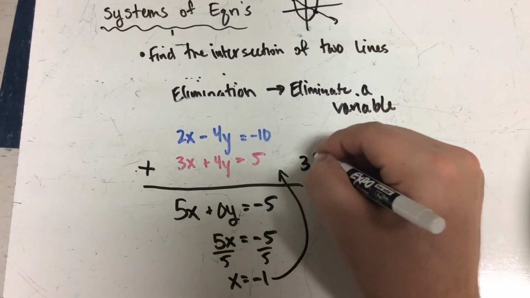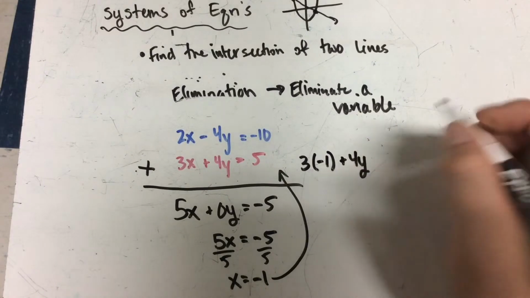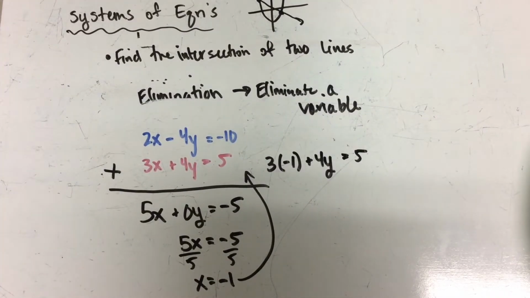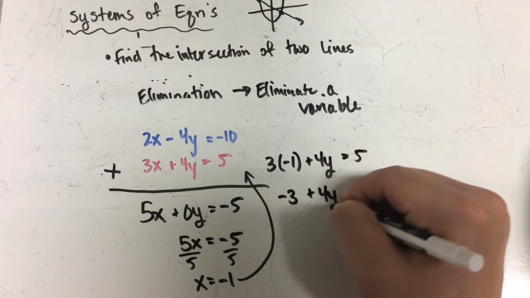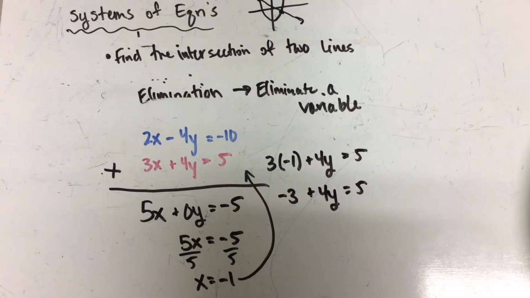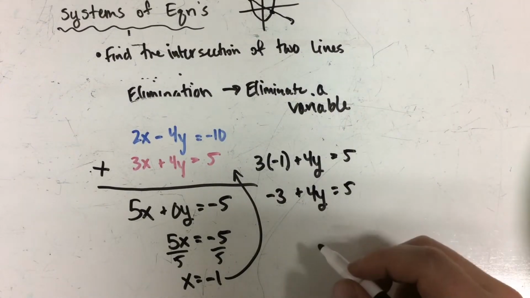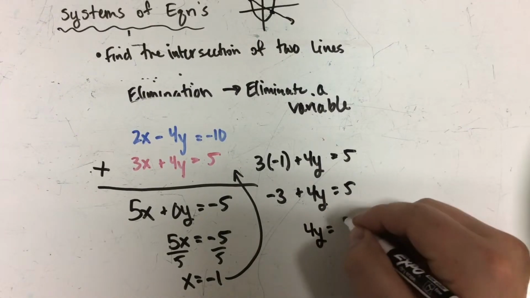It's going to be 3 times negative 1 plus 4y equals 5. This is going to give us negative 3 plus 4y equals 5. We'll keep solving for y, so we'll add 3 to both sides. This will give us 4y equals 8.